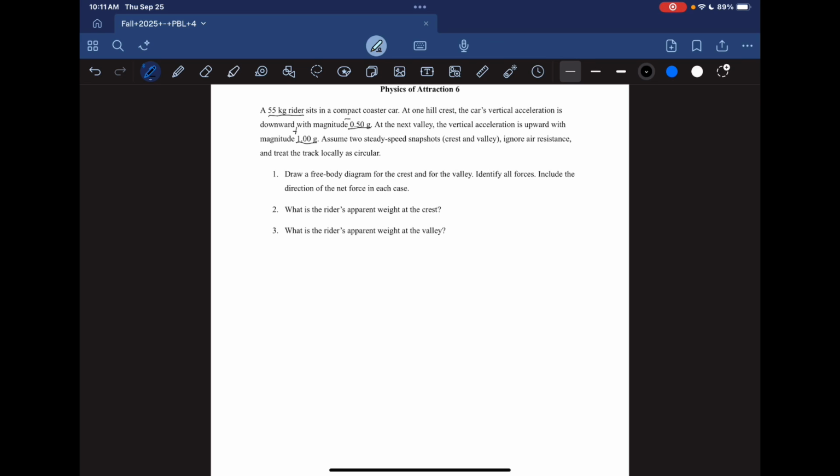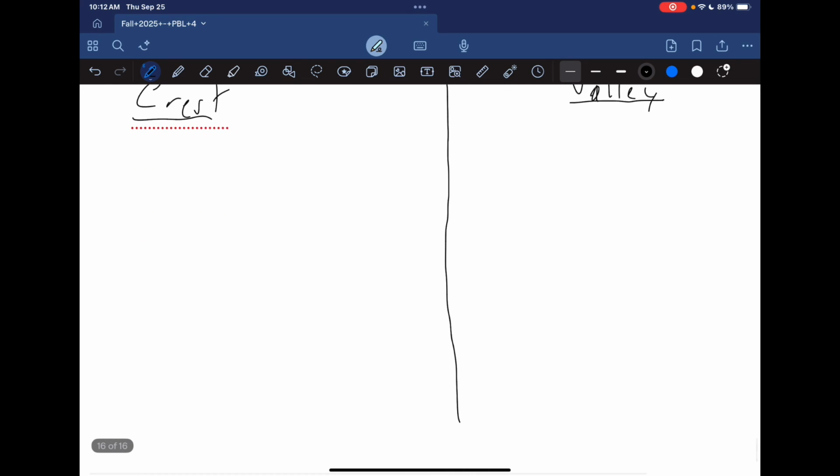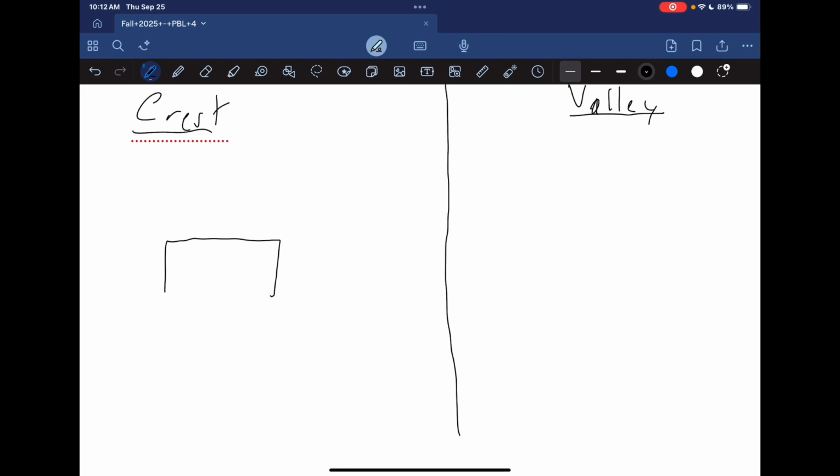And then the first question is to draw a free body diagram for the crest and valley and include the direction of the net force in each case. So over here, let's do the crest. And then over here, we could do the valley. So for the crest, here is our coaster car.